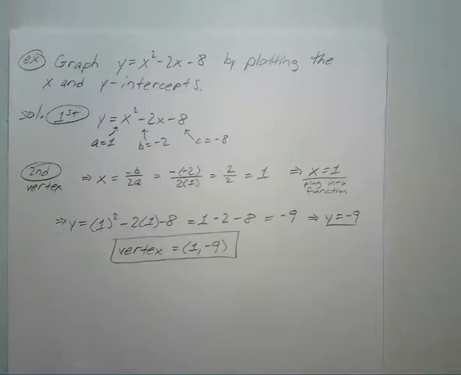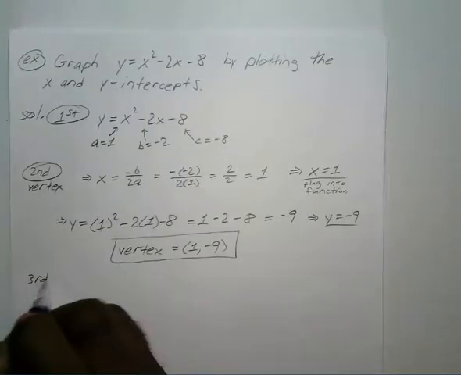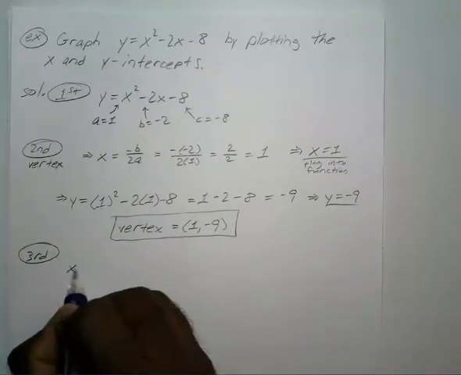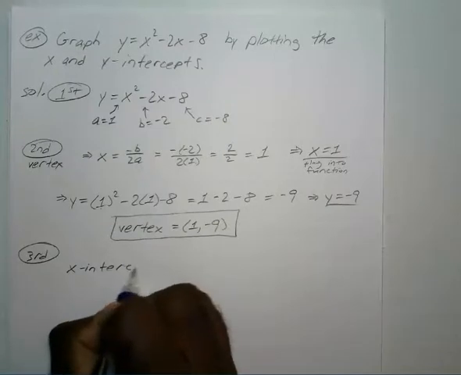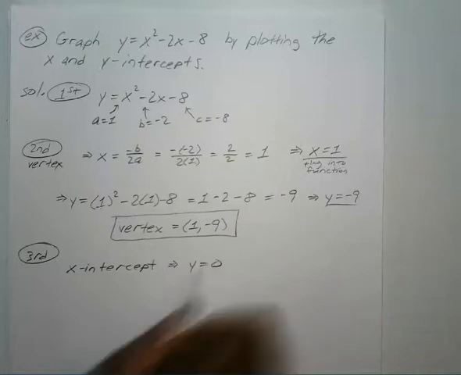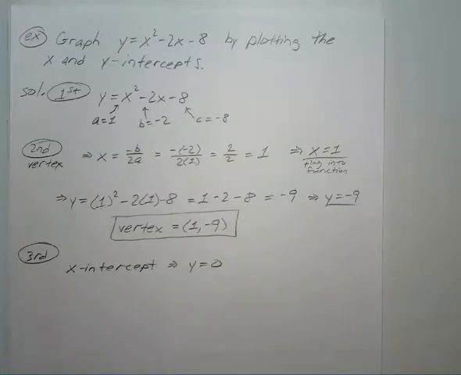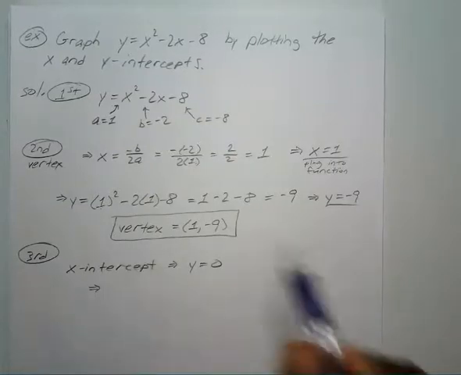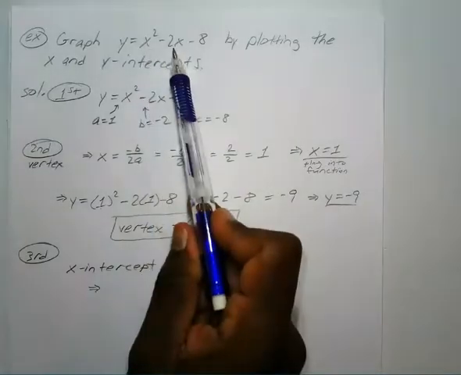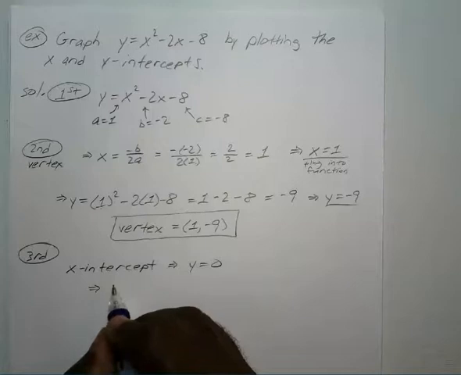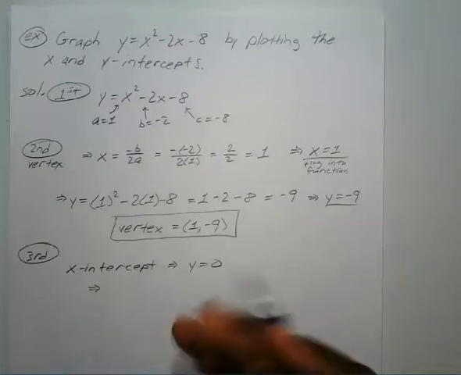Okay, so now we go to our third step, where we find our x-intercept by making y equals 0. Okay, remember last time it was f of x equals 0. This time it's y equals 0. Okay, so we have x squared minus 2x minus 8 equals 0. I just kind of flipped it around. You don't have to, but I just find it a little more appealing to me.